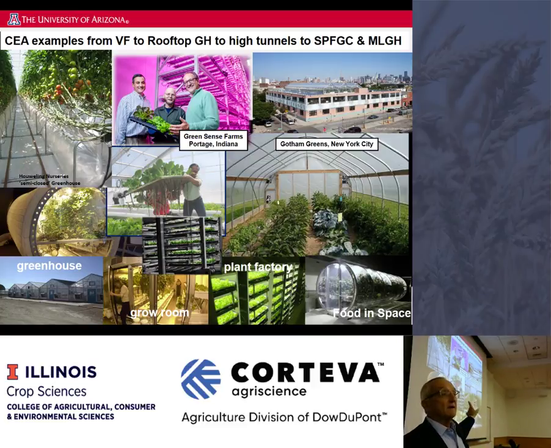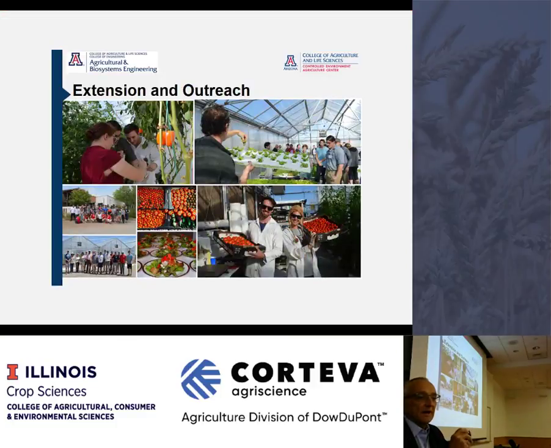And the fact that every system you see here is nothing more than a controlled environment with the expectation to provide the plant what it needs so that it provides us what we expect from it, whether it's food or a phytochemical or just biomass. So we have these many opportunities.